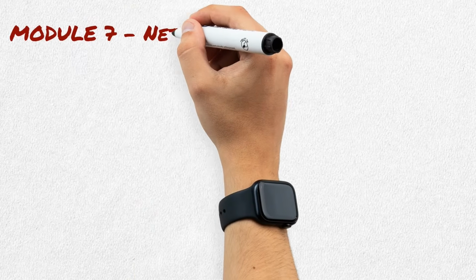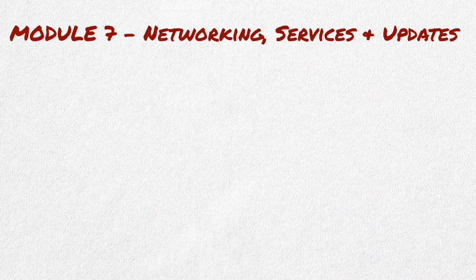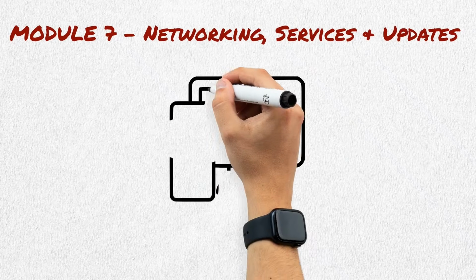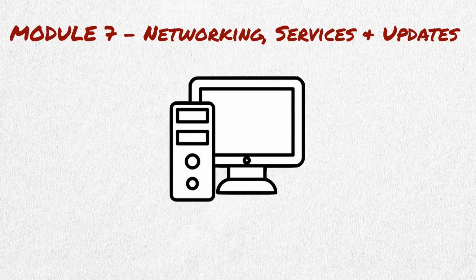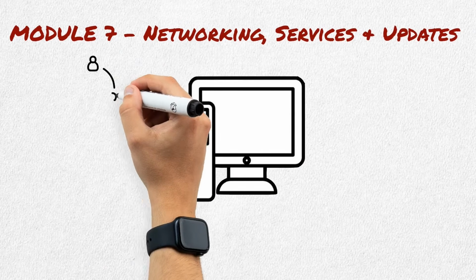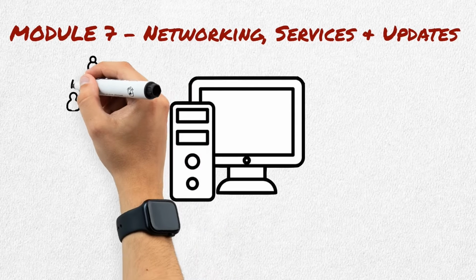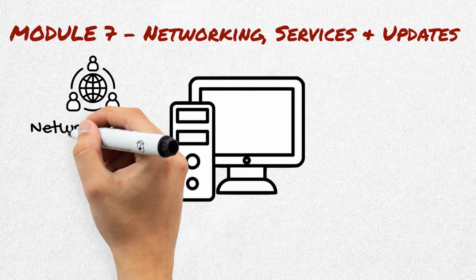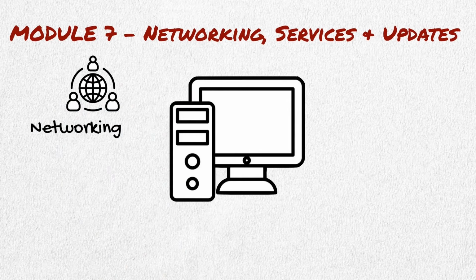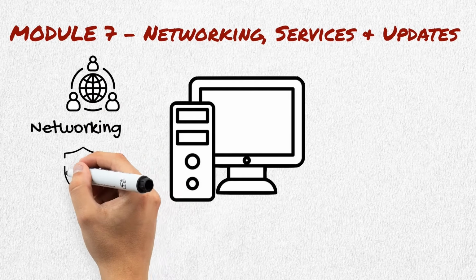Module 7 is all about networking, services, and system updates. We'll start with Linux networking fundamentals, and then compare remote access tools like SSH and Telnet, so you clearly understand what's secure, what's not, and why it matters.